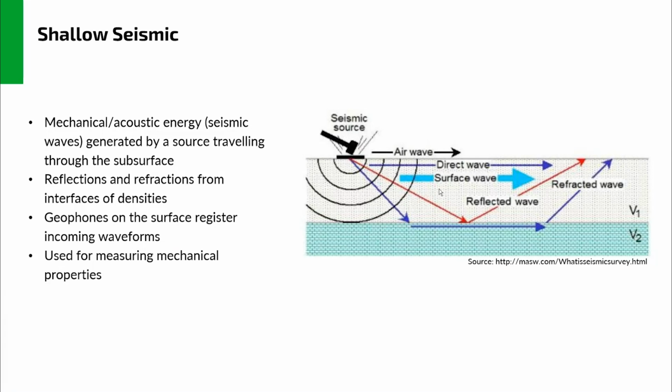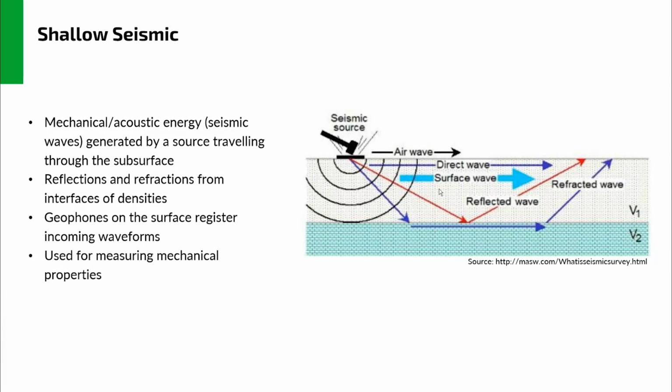And this acoustic energy travels through the surface, and reflections and refractions will come back from interfaces of different density materials, where the seismic wave velocity changes enough. In that sense, it's very similar to GPR, especially the data processing.